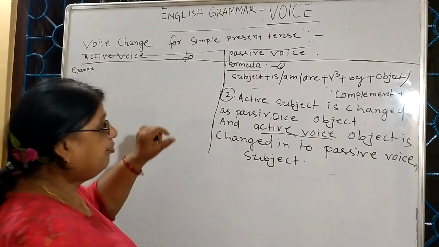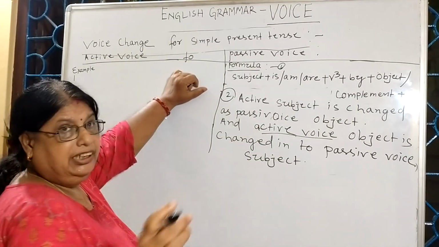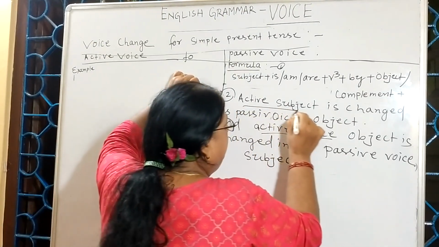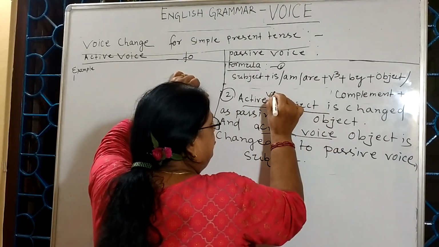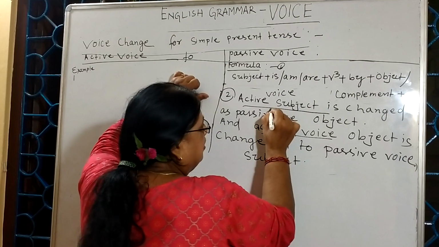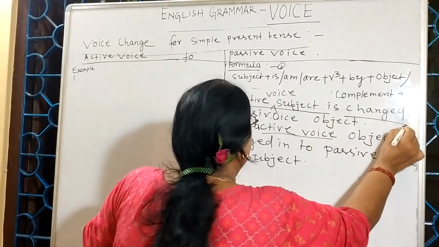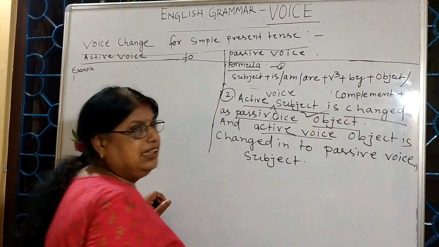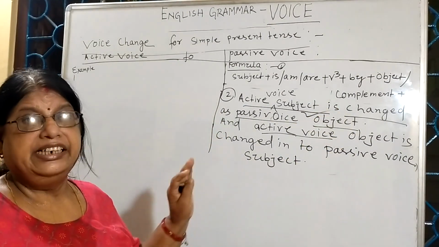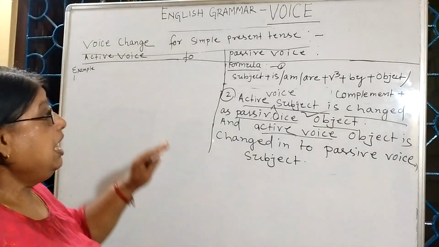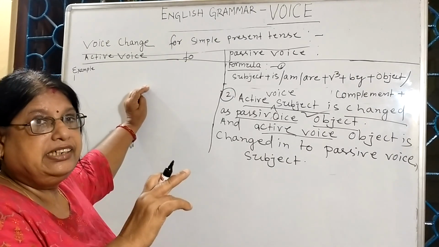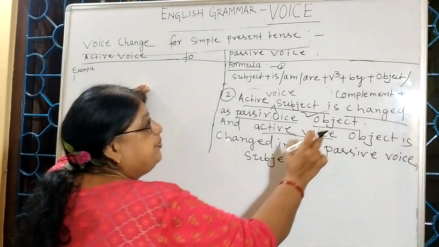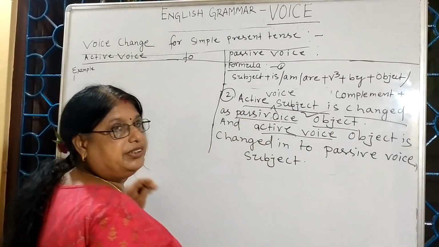So when active voice is there, the active voice subject is changed into the passive voice object. When a transformation of a sentence takes place, the active voice subject becomes the object of the passive voice.